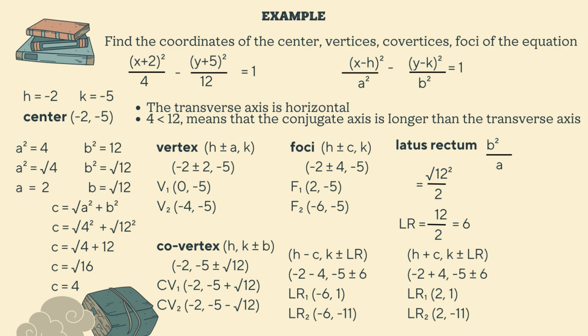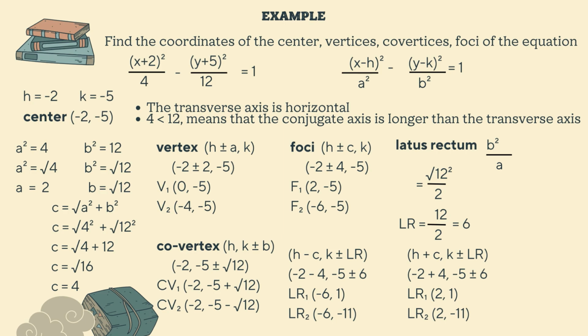And as you can see, this equation starts with the quantity x plus 2 squared, which means that its transverse axis is horizontal. And 4 is less than 12, which means the conjugate axis is longer than its transverse axis.